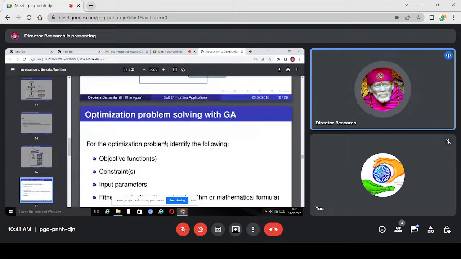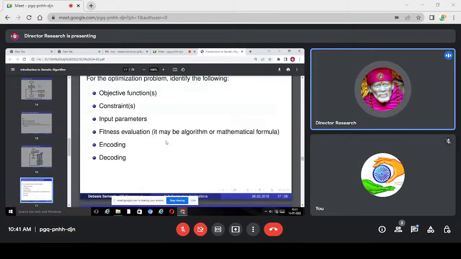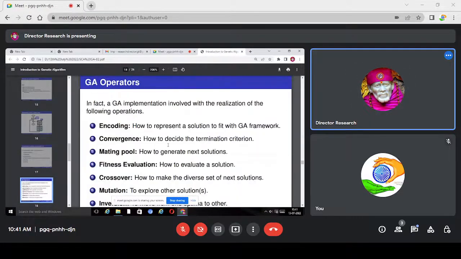Optimization problem solving in genetic algorithms. For optimization problems, identify the following: objective function, constraints, input parameters, fitness evaluation. It may be an algorithm or a mathematical formula. So encoding, decoding, GA parameters. In fact, GA implementation involves the realization of the following operations: coding, how to represent a solution fit with the GA framework.